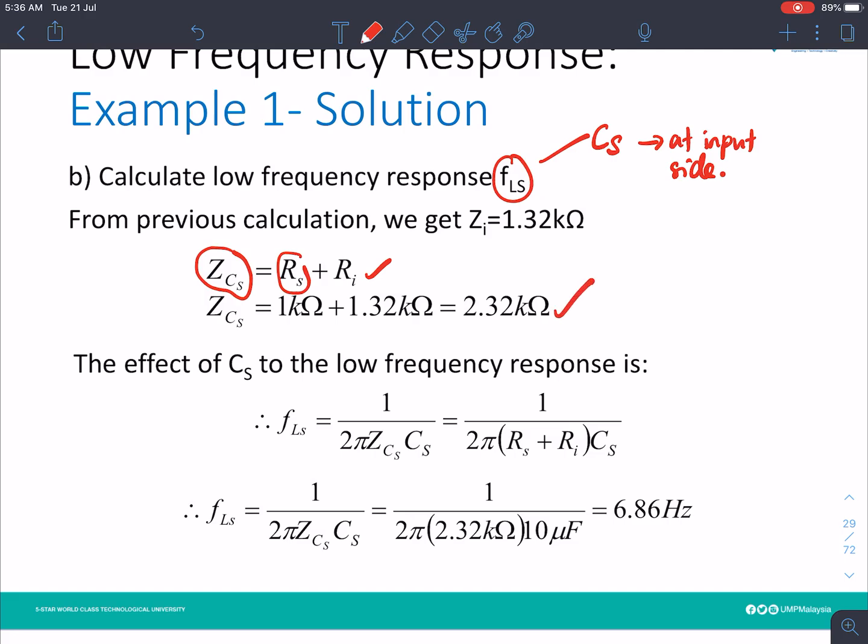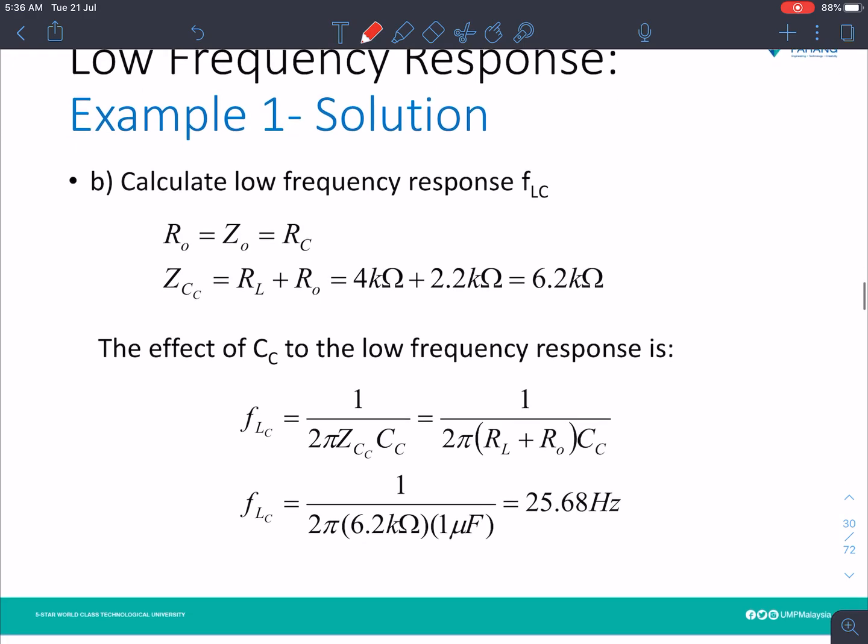This Zin we calculated already. Finally, the impedance is 2.32 kilo ohm. Then for the FLS, just insert this impedance and the CS. So you get this, and finally the value is 6.86 Hertz.